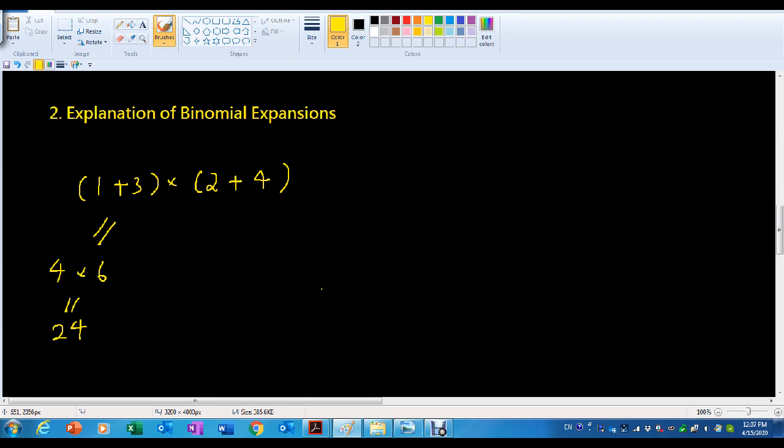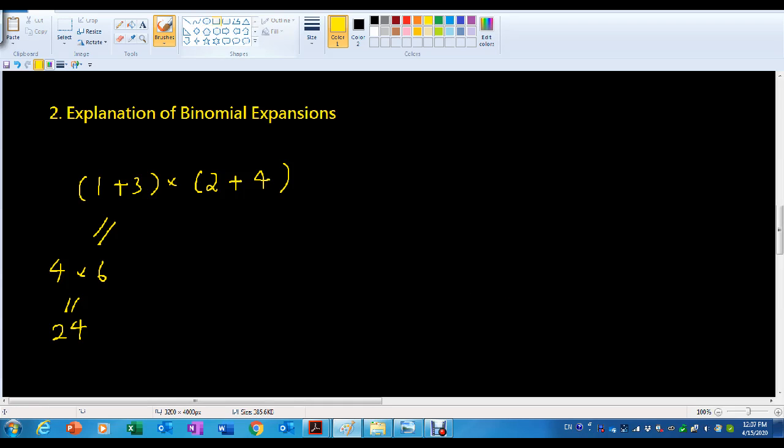That's the easiest way. But could we do it another way? Instead of adding the numbers in the bracket, can we just multiply the numbers from one bracket to the other?